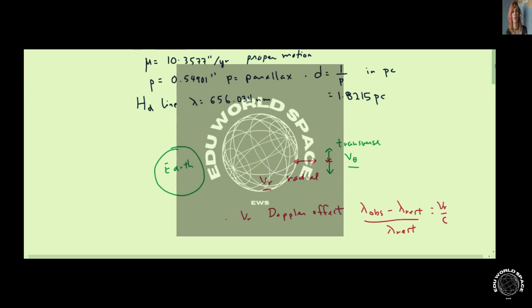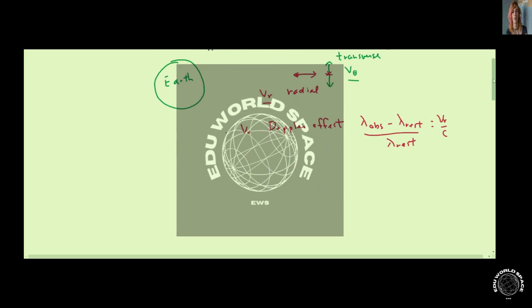So let's write down what the hydrogen alpha line wavelength is at rest, and we'll need quite a few sig figs. If we put these into the formula and use the speed of light, I like to use it with a few sig figs.